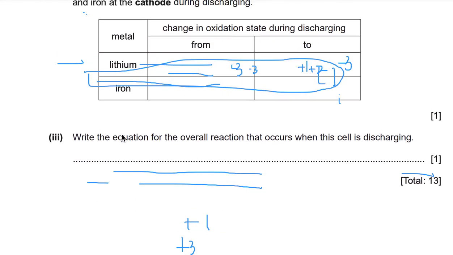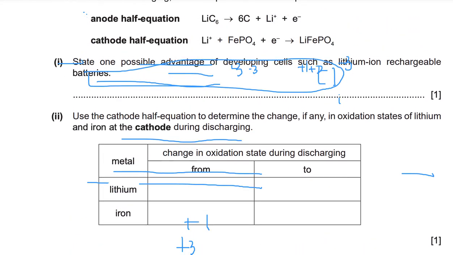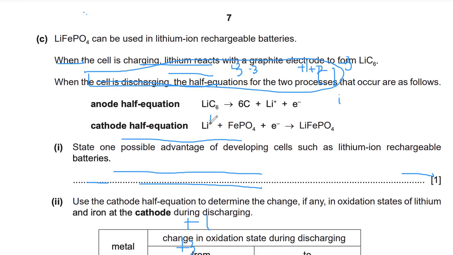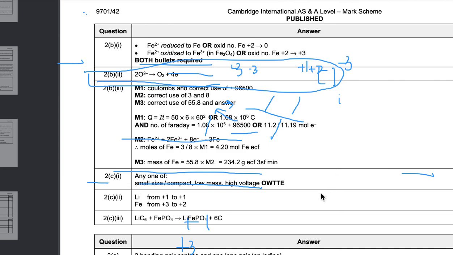Write the equation for the overall reaction that occurs when the cell is discharging. So this is cancelled out. This is cancelled out. So it becomes FePO4 plus LiC6 gives us 6C and LiFePO4.